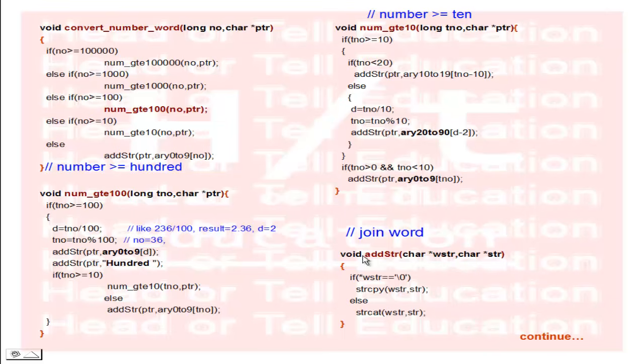Now one more function is created here, add string: we call the string copy to copy the word, and if a word is already available then join the word, using the function strcat to concatenate the string.